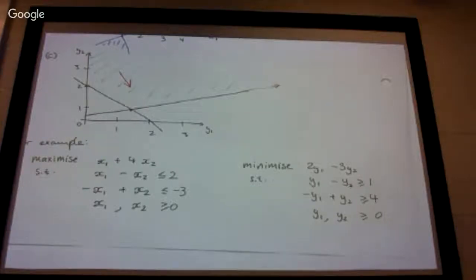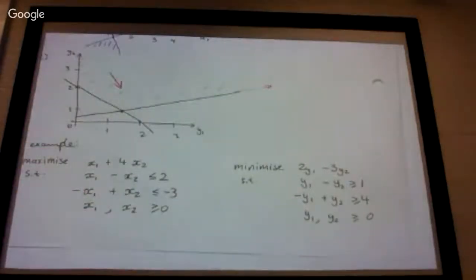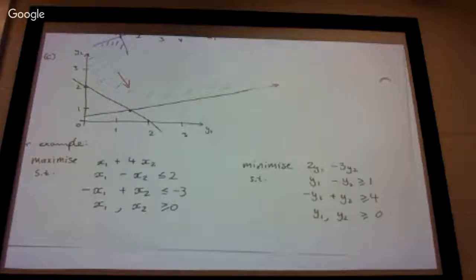Okay. I didn't do the plots, so it's only a half-baked solution.